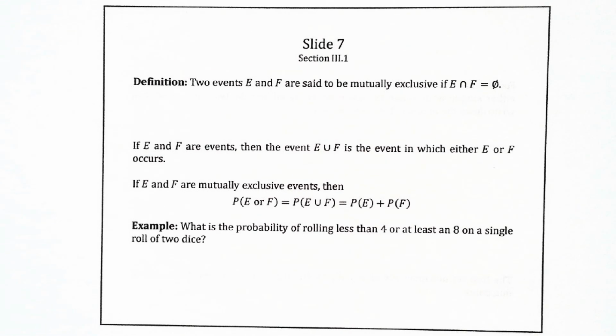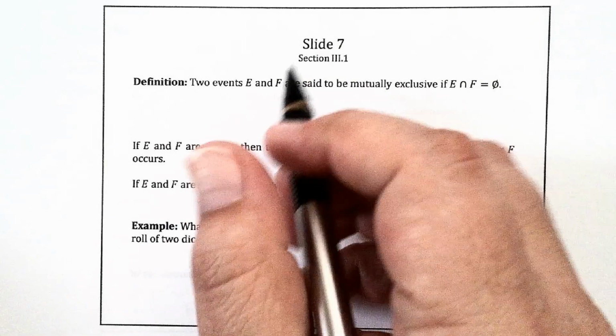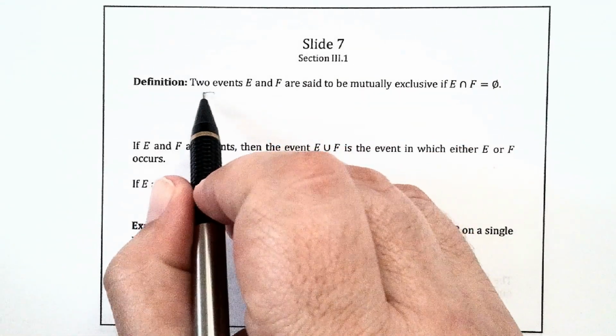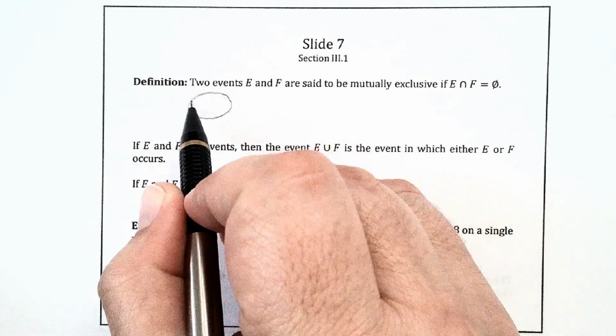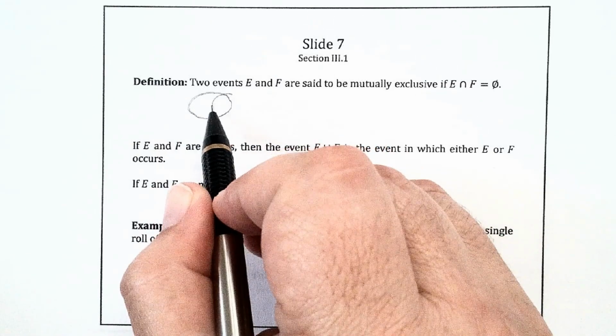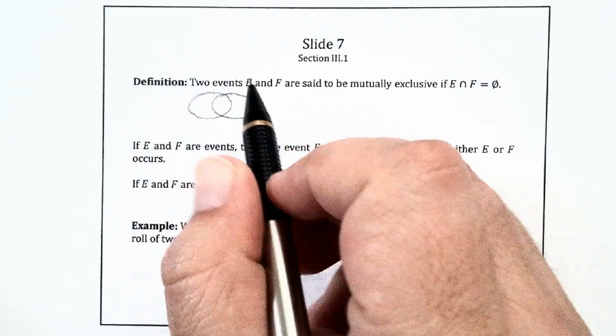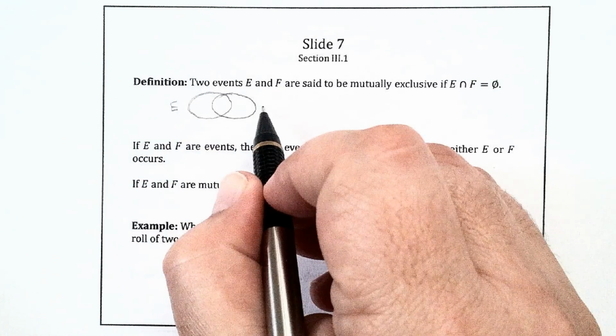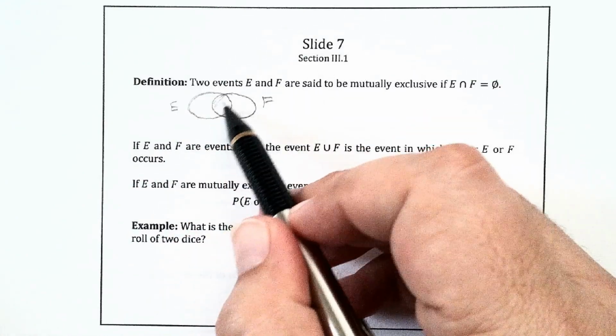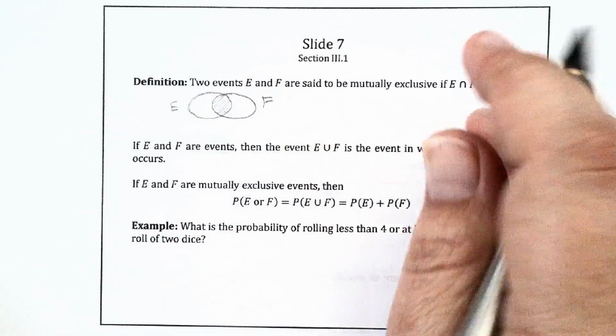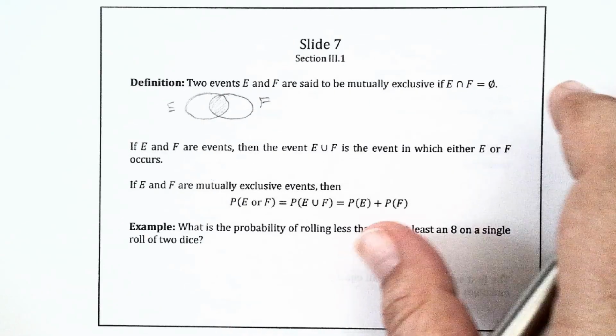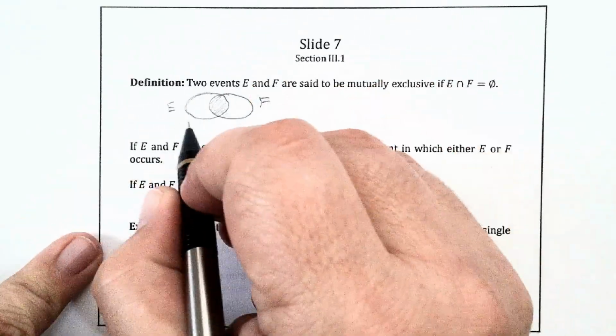Okay, so if you have two events, you want to think in terms of Venn diagrams. You have these two events, E and F, and they have a little bit of overlap. Okay, remember that overlap is their intersection. So these are not mutually exclusive.